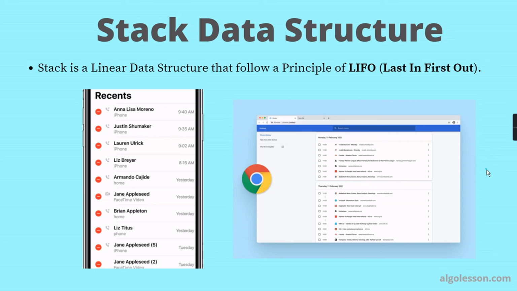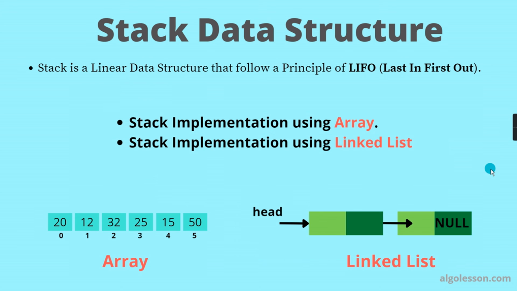Now let's understand how we can implement the stack data structure. To implement the stack data structure, there are basically two ways. One is using an array and the second is using a linked list.